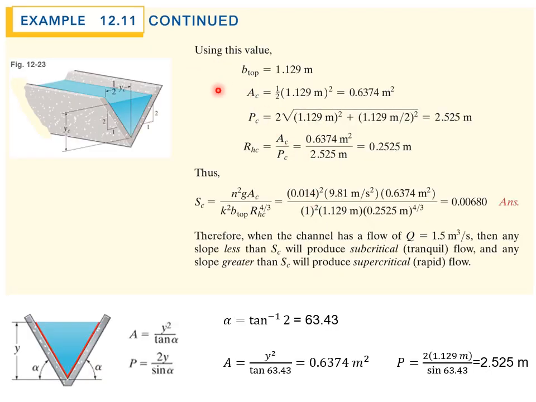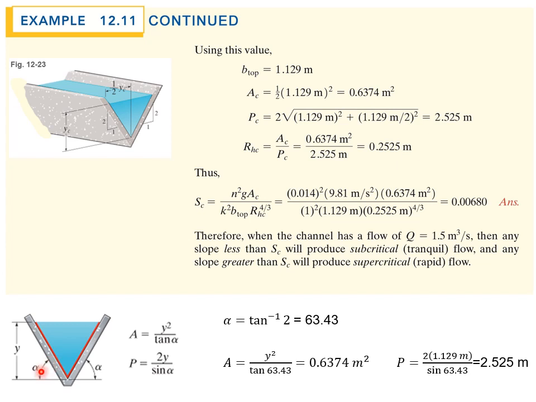Using that value, B top is y_C, which is 1.129 meters. The area is 1/2 times that value squared. For the perimeter down here at the bottom, I'm going to show you how to calculate these in a couple of ways. He gives this little figure, so you can calculate alpha.